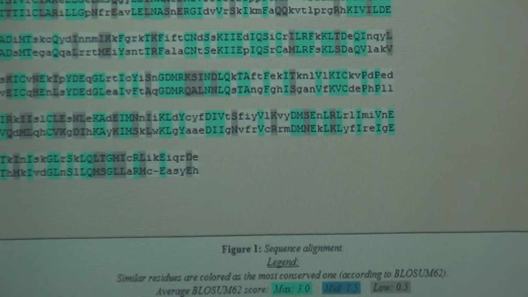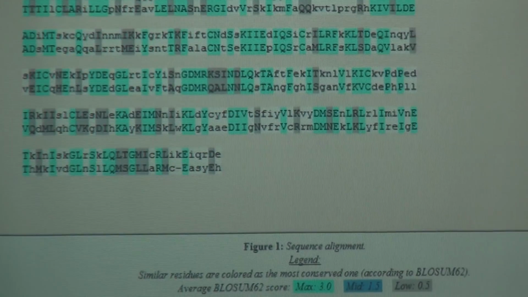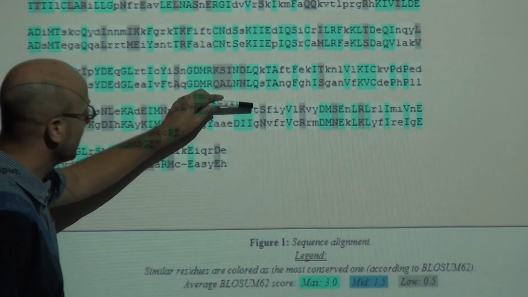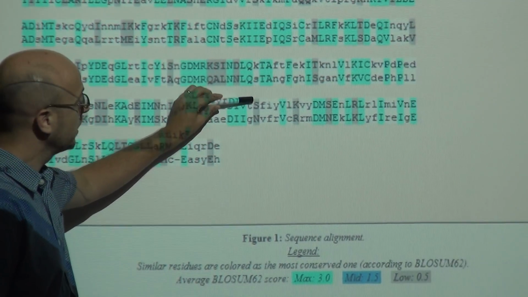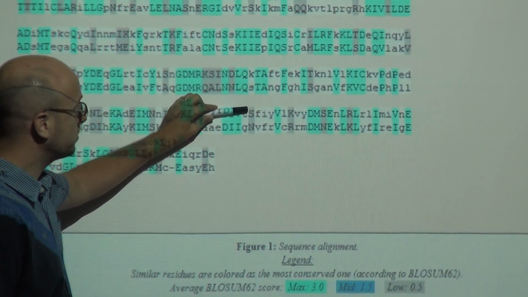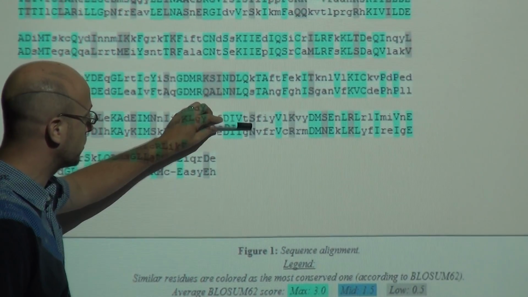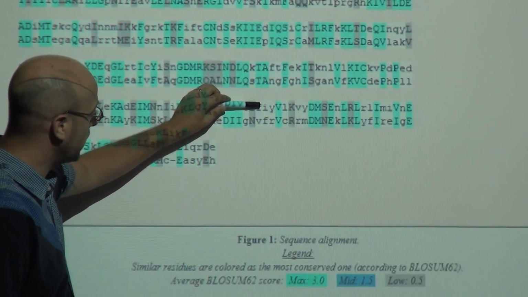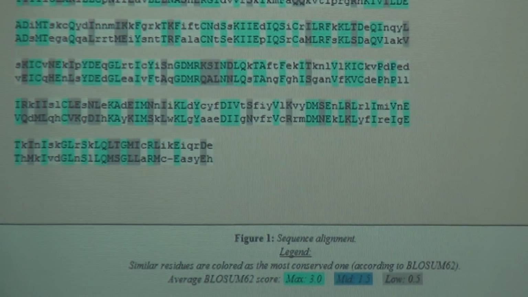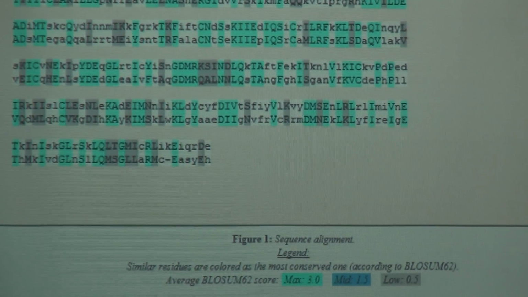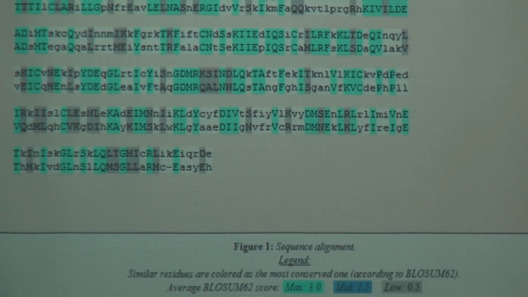Now, what's the difference between the gray and the white? Because you see here, S and N. Here we have a mismatch, S and N, and this one is gray. Here we have a mismatch, F and V, and this mismatch is white. Why is one mismatch gray and another mismatch white? They are both mismatches.